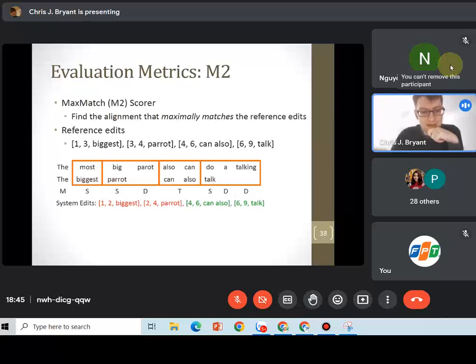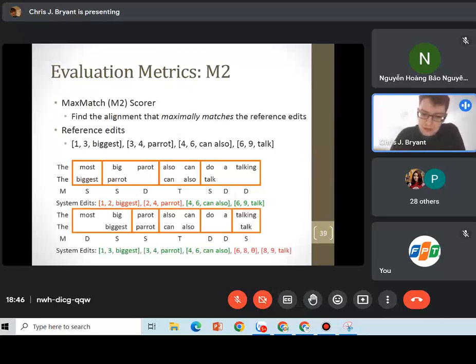An example of that: we have lots of errors in this space, and this is one way of splitting them up. We could change most to biggest, big parrot to parrot, and so on. And if we do it this way, then these two do not match the human references, but these two do, which means that this is certainly a better alignment than the previous one. We can also try aligning it in different ways, such as this.